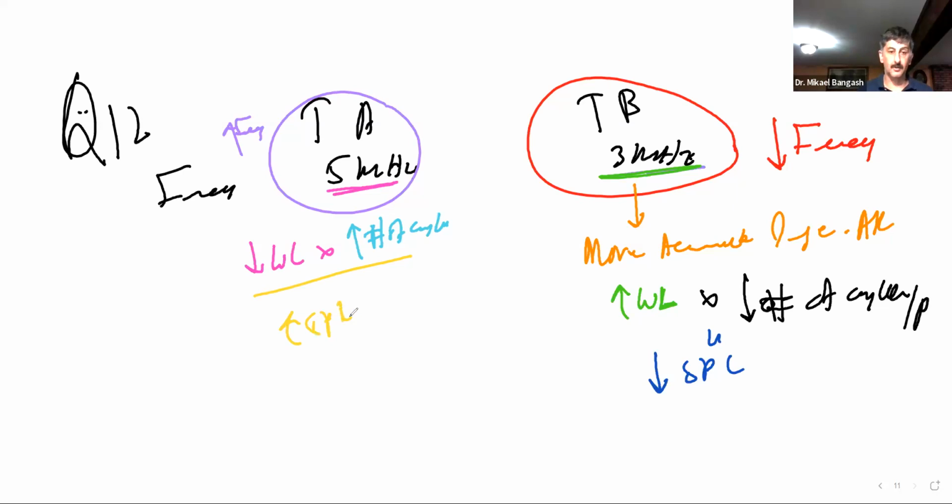It's going to be greater because of the greater number of cycles, or this one is going to be lower because of the lower number of cycles, although here we had a greater wavelength.